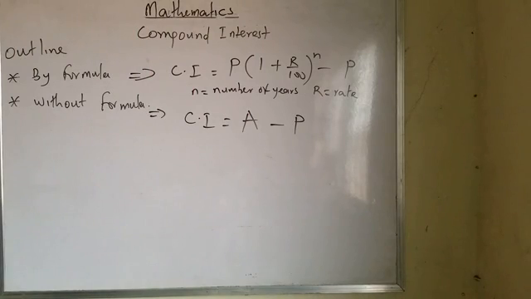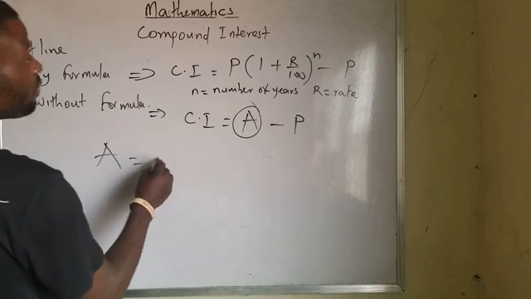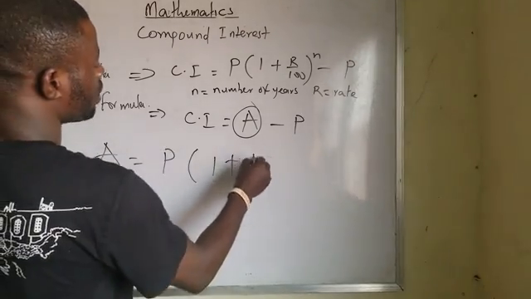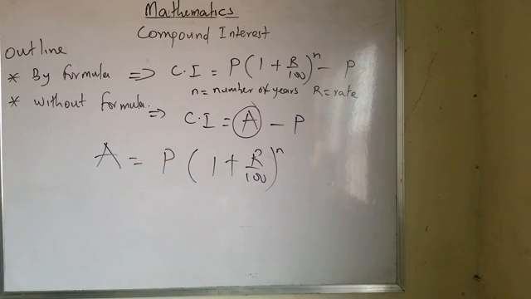Now, let me put an example in order. Don't forget what I've just said: the amount itself equals principal times (1 plus R over 100) to the power n. That is the amount itself.